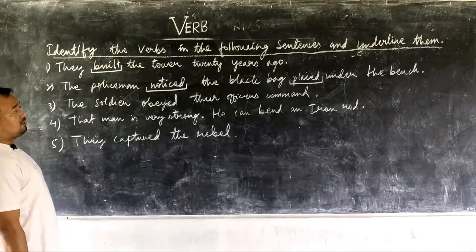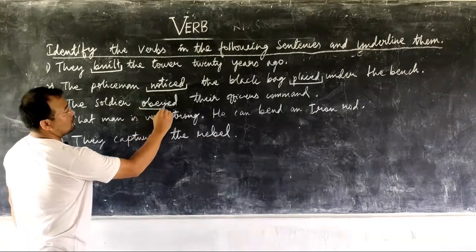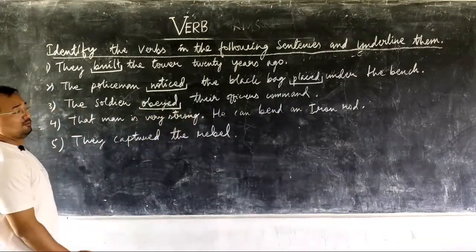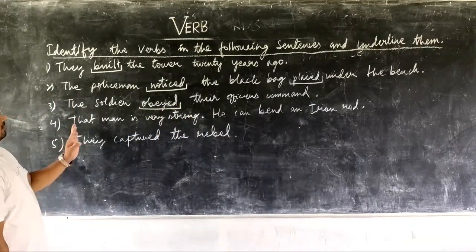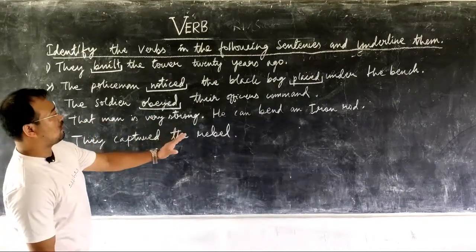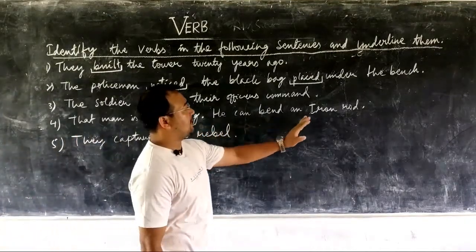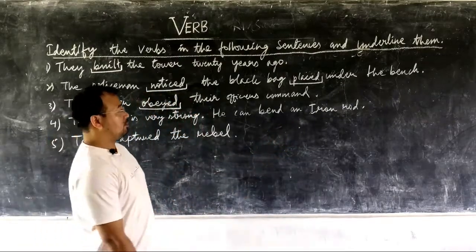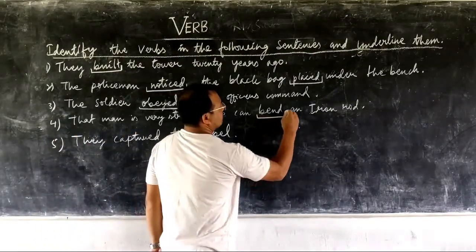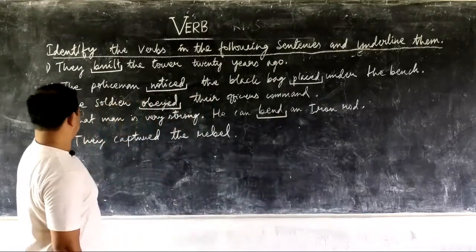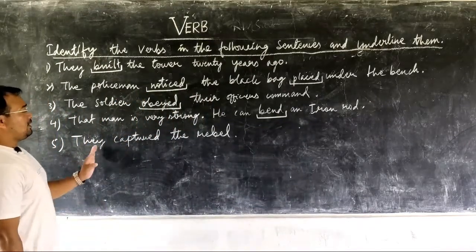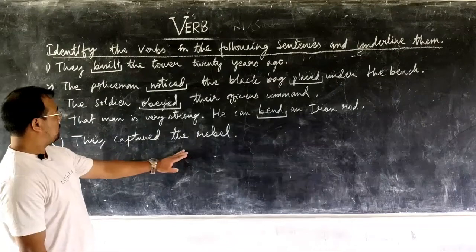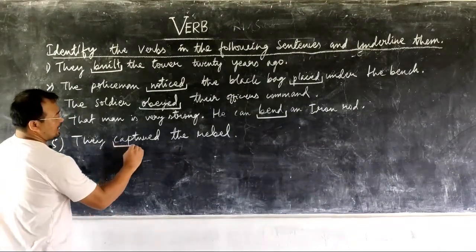Here the verb is obeyed. Next one, that man is very strong, he can bend an iron rod. In this sentence, which one is the verb? The word bend is a verb. Next one, they captured the rebel. Here the verb is captured.